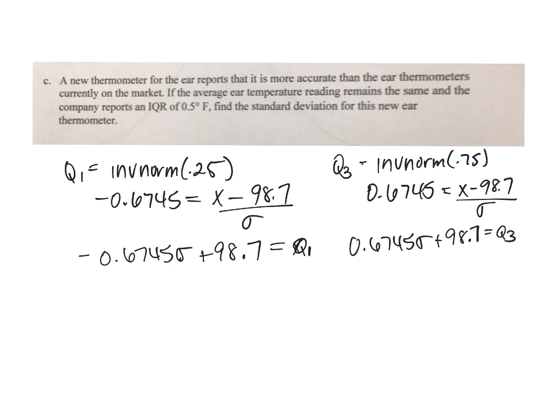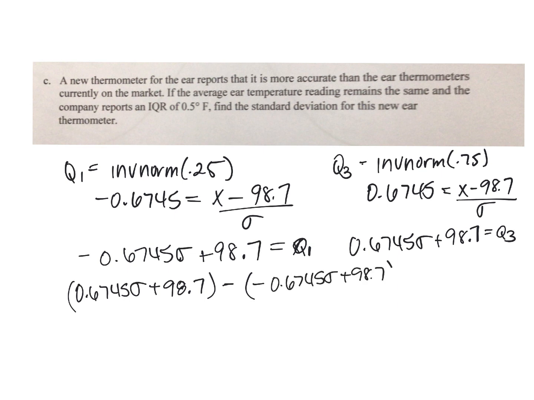Now I can say that Q3, 0.6745 sigma plus 98.7, minus negative 0.6745 sigma plus 98.7, equals 0.5. Your new IQR, because this is Q3 minus Q1, equals 0.5.